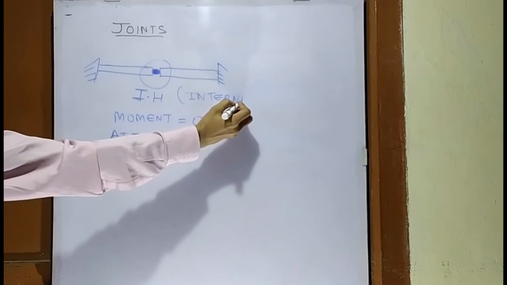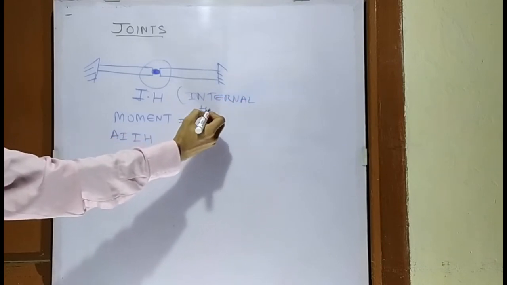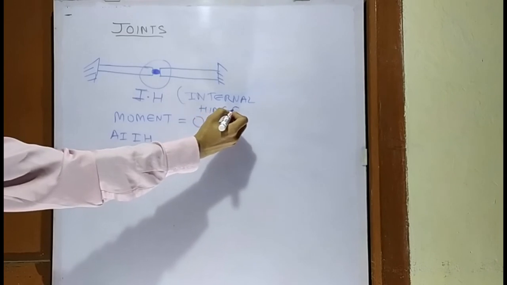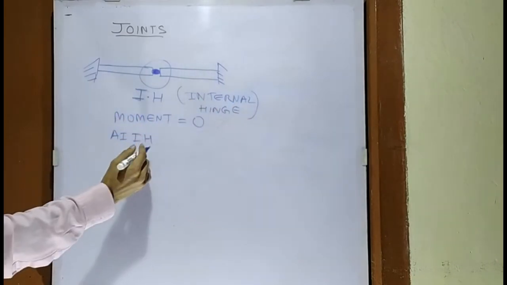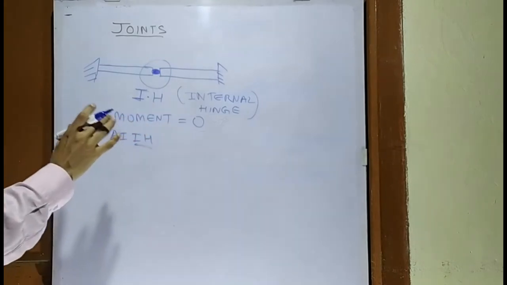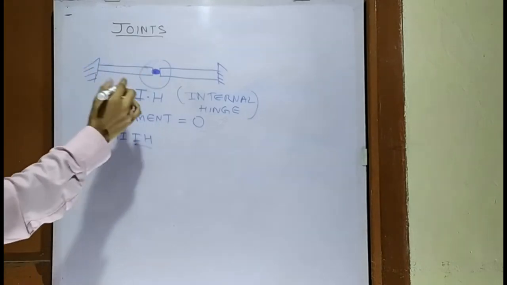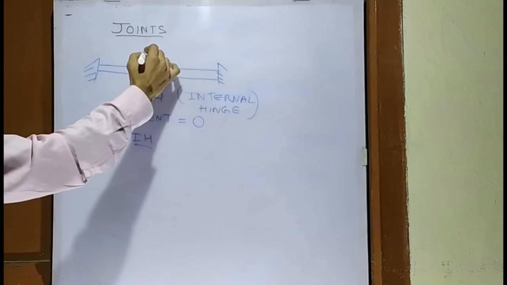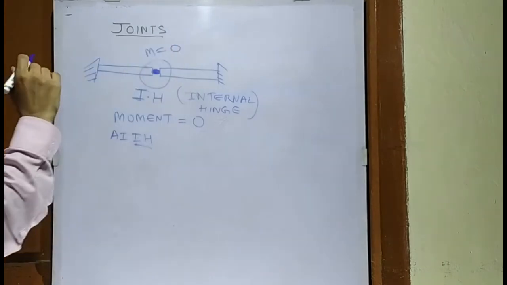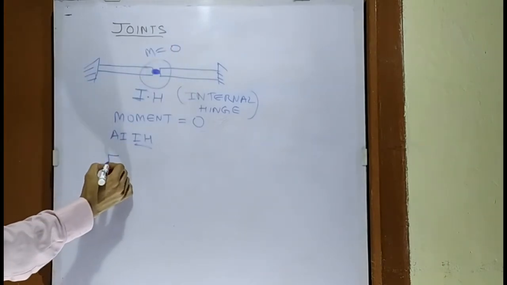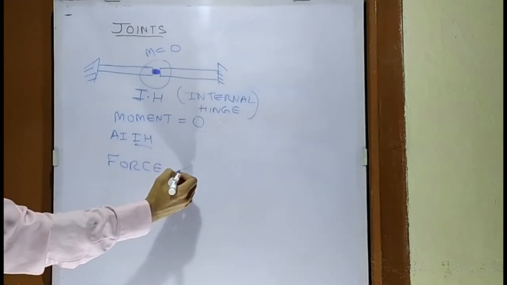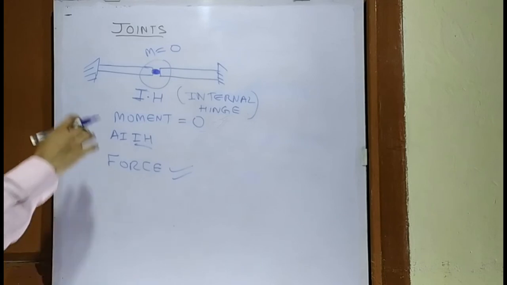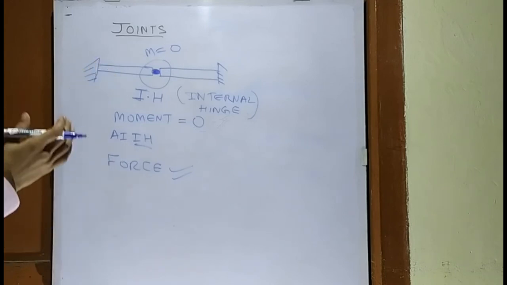This is the main thing about this joint: it cannot transfer any moment at this point. So at this point moment will be 0. It can only transfer force. The force may be shear force or axial force, whichever the case.